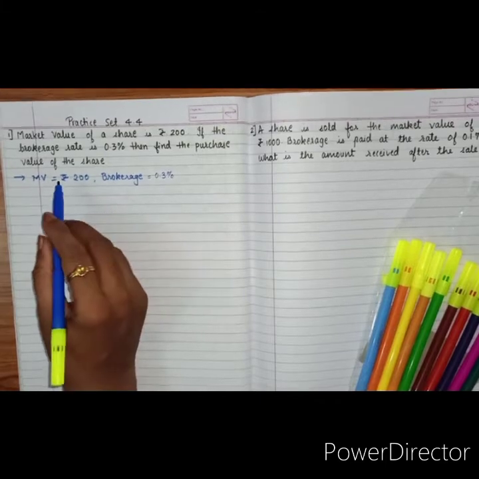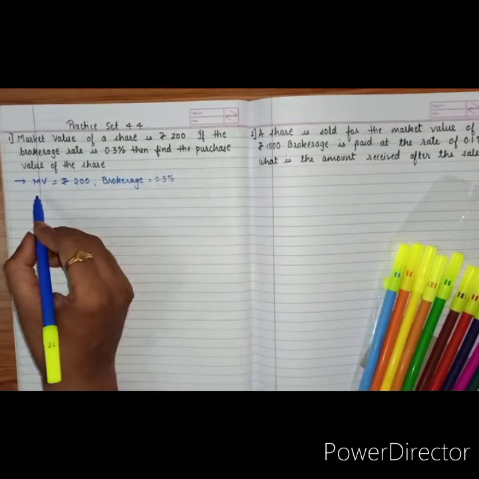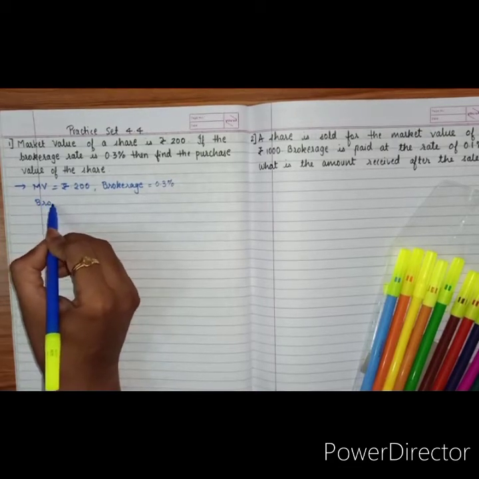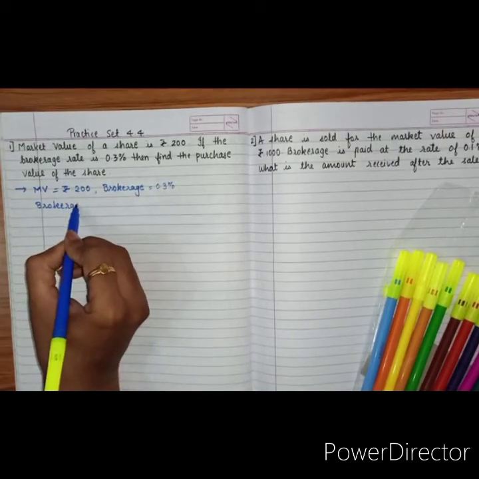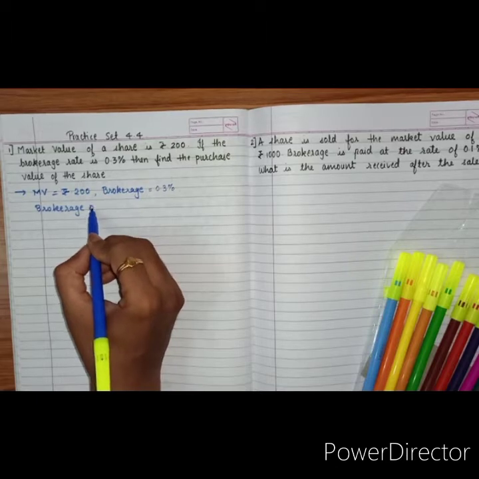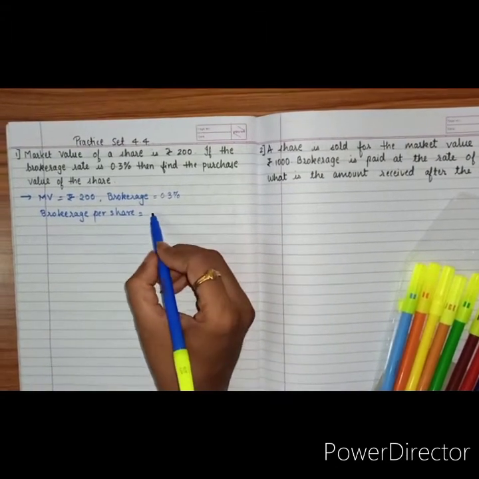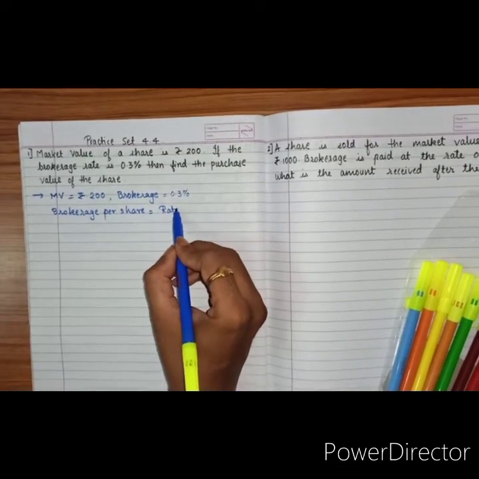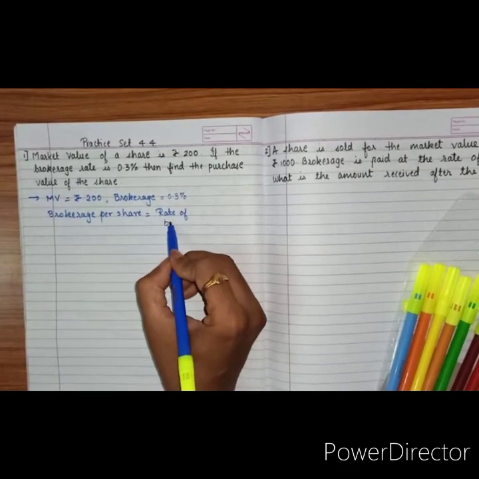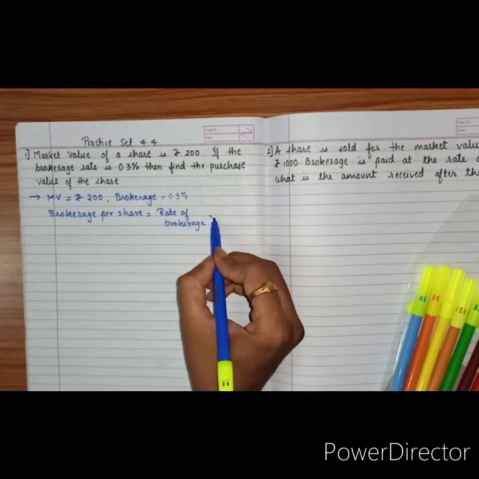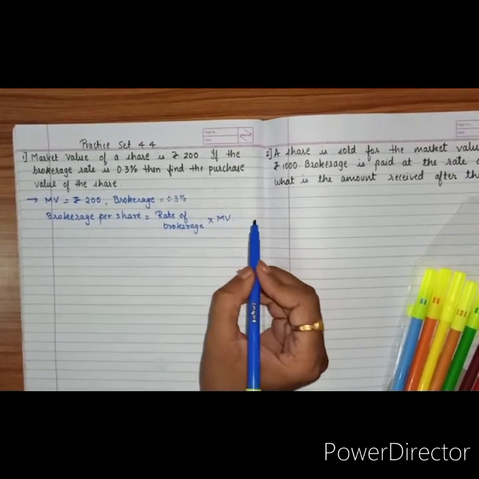So first we will find the amount of brokerage, that is brokerage per share. So brokerage per share, it is given to us, that is rate of brokerage is given to us on what? Of market value of a share.